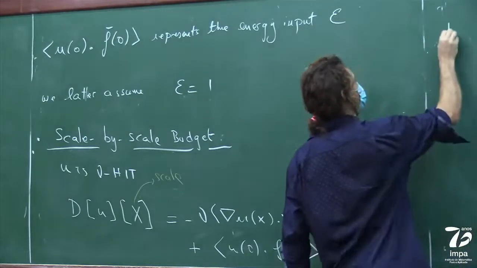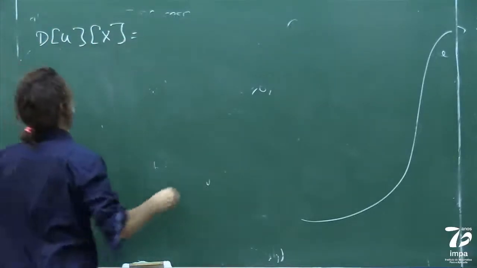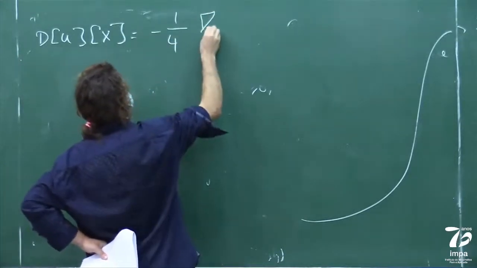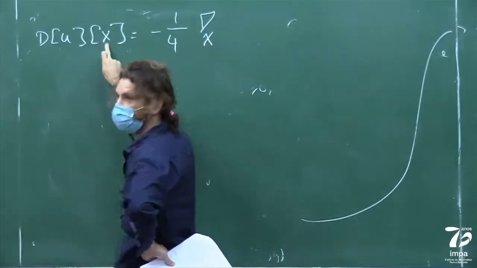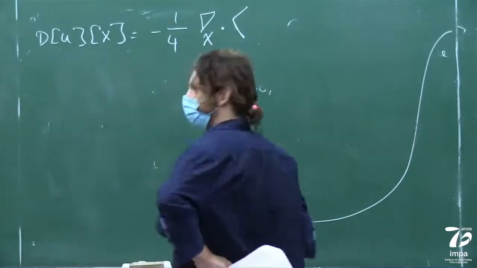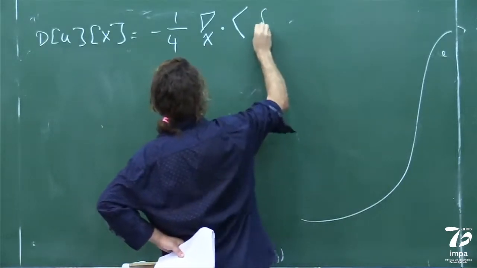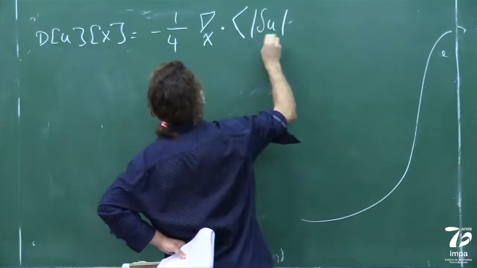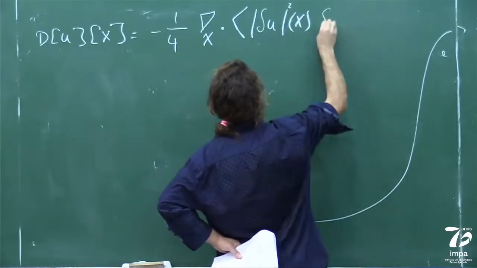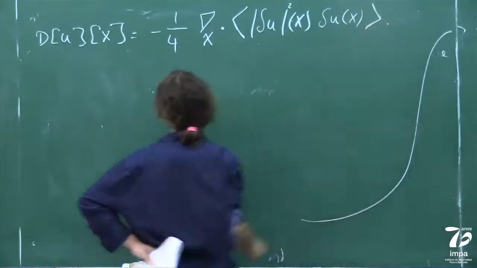And D(u) is minus 1/4 of the divergence with respect to x, the scale separation, of the average of a correlation that has delta u at scale x squared times delta u at scale x.